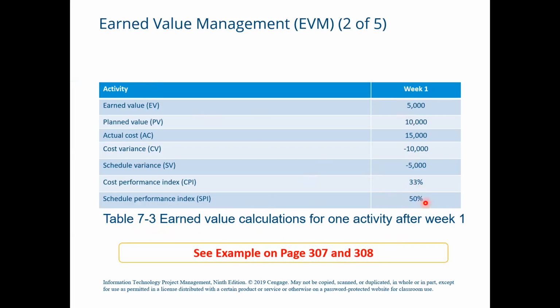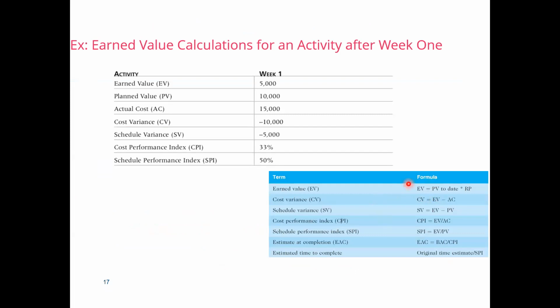These values are given. On the basis of these values and the formulas we discussed, like the earned value and the cost variance, we got these calculations. This is the solved example in your book.